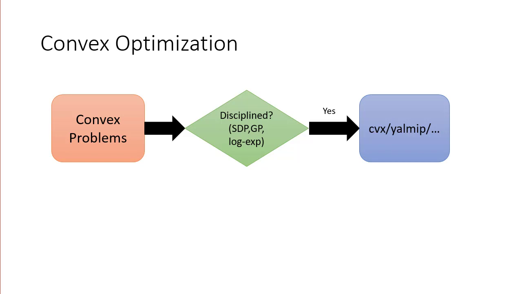It may, however, happen that the problem is not in any of these forms. For instance, if the problem involves a function of 1 over x or 1 over x square, then it usually will not be recognized by these software as convex, but it could still be convex. So the problem is not expressible in these SDP or GP or log exponential forms.